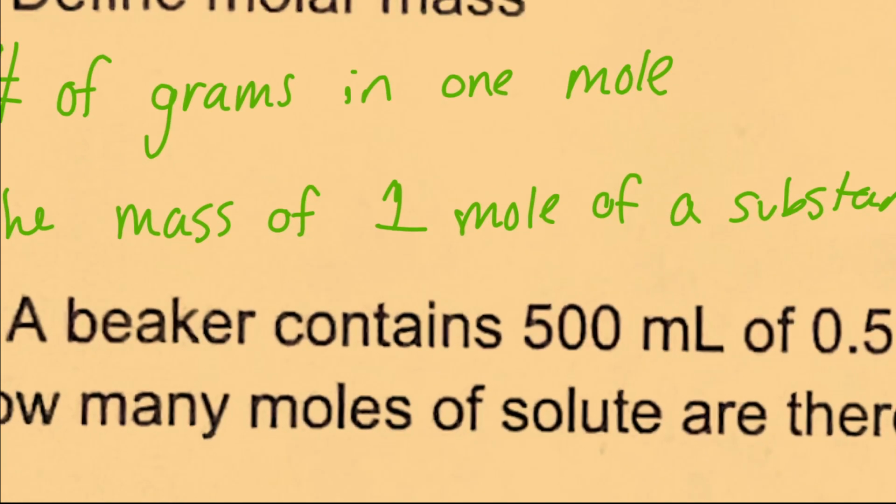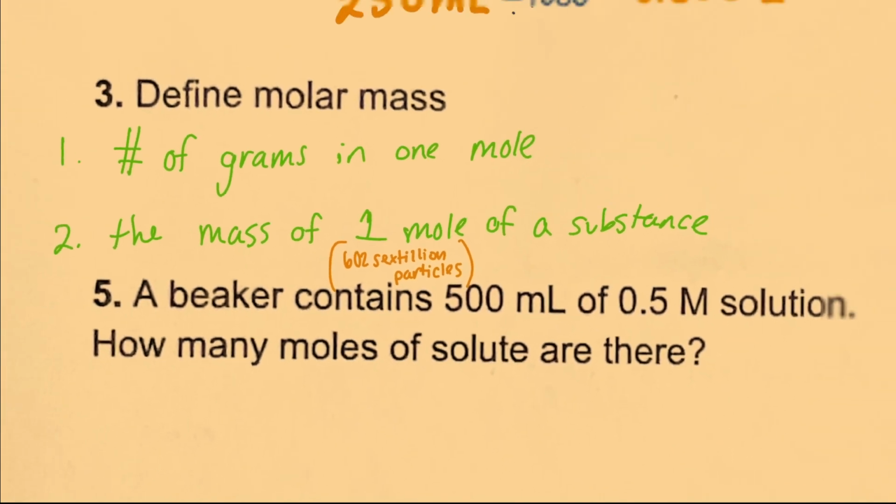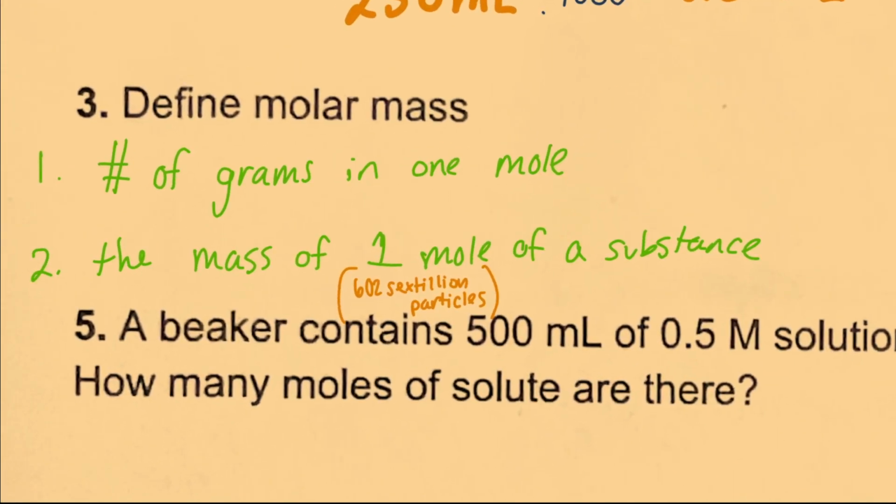Remember that a mole is another way to say 602 sextillion particles. And that word particles can either mean molecules or atoms, depending on whether we have a compound that we're talking about or just an element.